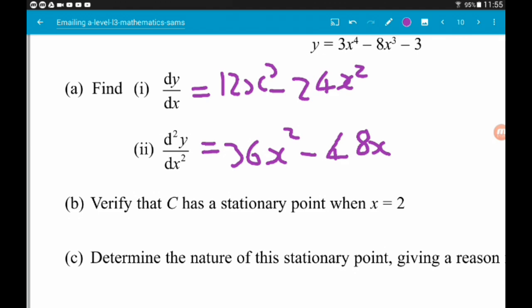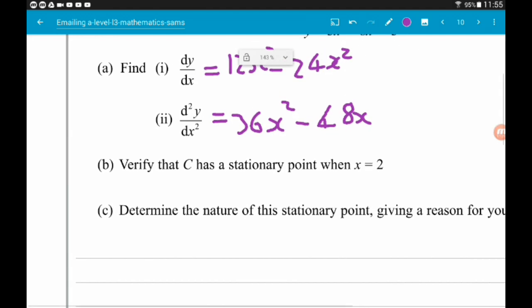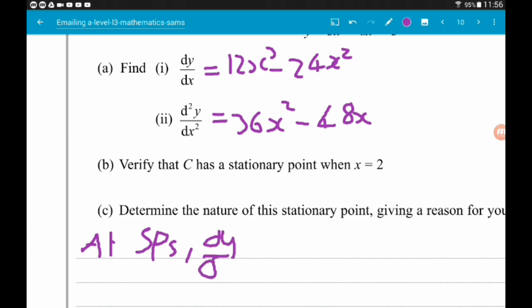Now part B wants us to verify that C has a stationary point when x is equal to 2. At stationary points, the gradient of the curve is equal to 0, or dy by dx is equal to 0.